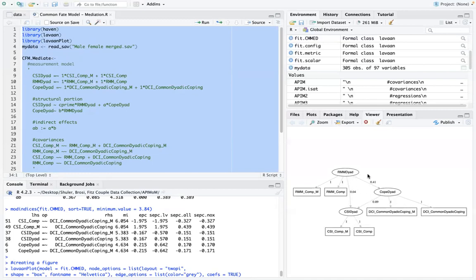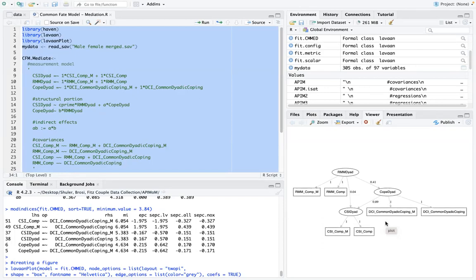Higher levels of relationship mindfulness are associated with higher levels of dyadic coping, and higher levels of dyadic coping are associated with a stronger relationship. There's higher levels of relationship quality. It is important to note that all of these effects are at the dyad level, not at the individual level.